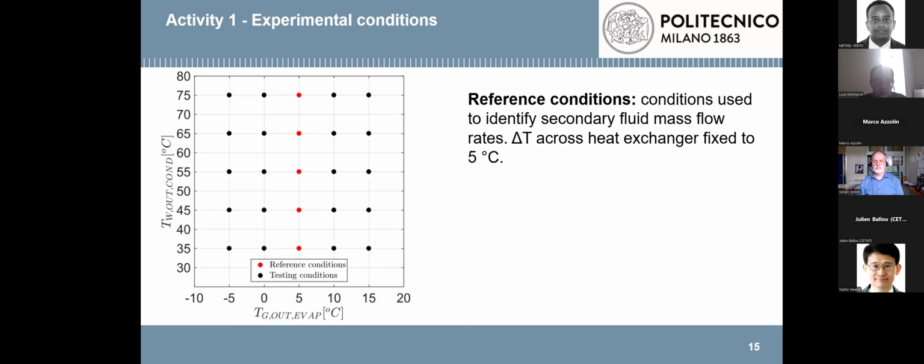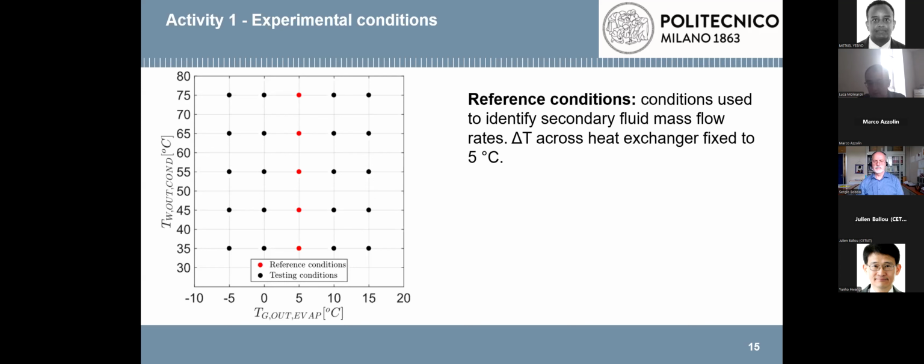To run the test, we had to identify the mass flow rate of water and ethylene glycol that flows through the condenser and the evaporator. And we did it setting some reference conditions, which are the red dots. In these 5 different reference conditions, we identify the mass flow rates that lead to a temperature difference of the secondary fluid equal to 5 Celsius degrees.